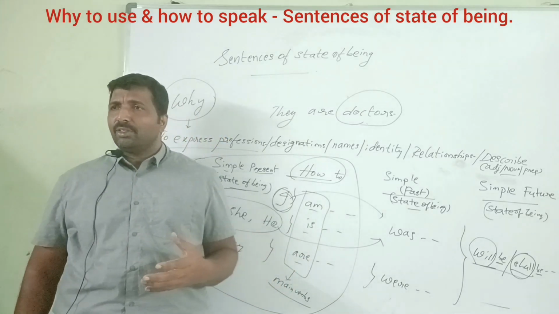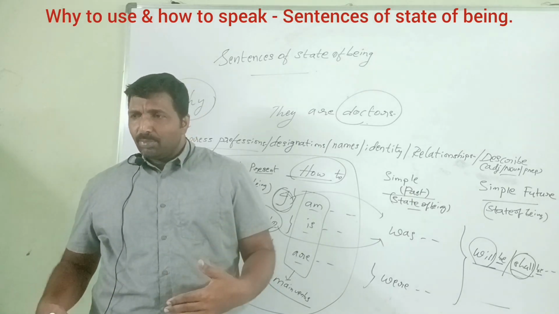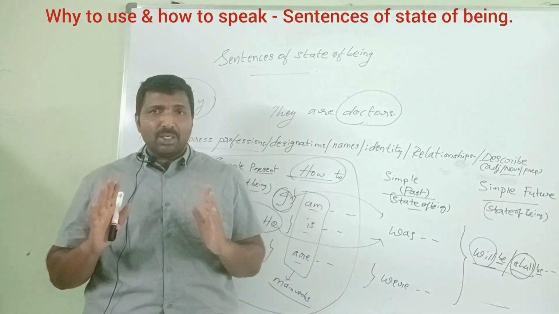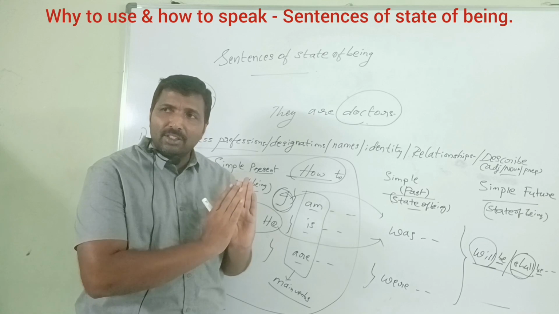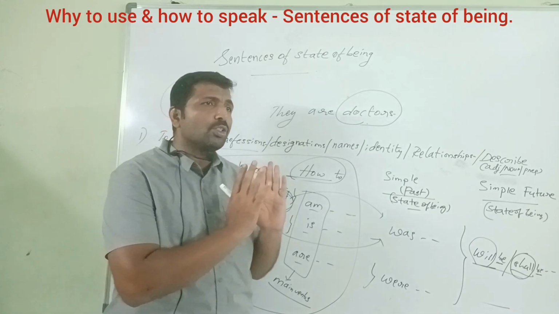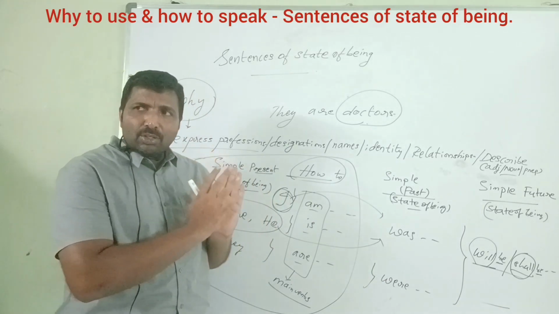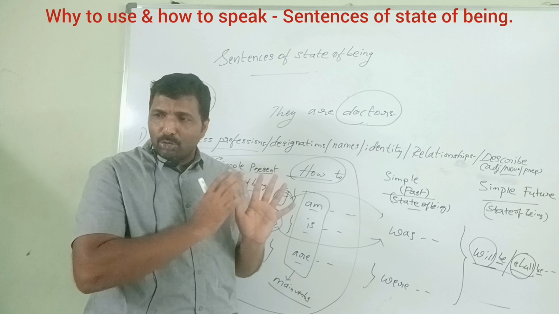Where is it? Sometimes we speak a negative sentence. Again, we speak a normal sentence. But remember that we are sticking to only state of being sentences. Because we focus on particular structures, particular conditions, we get some clarity on those structures.